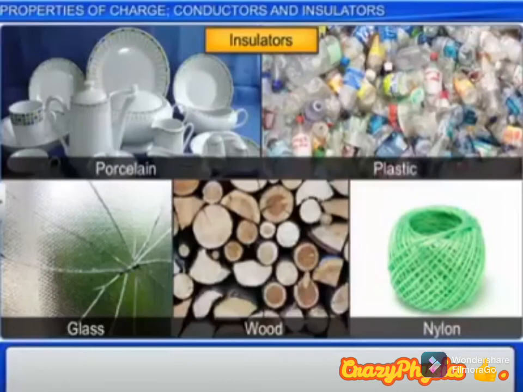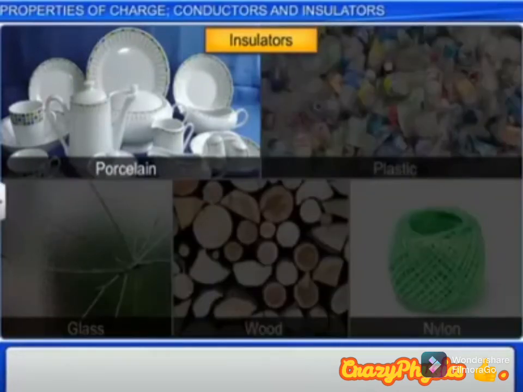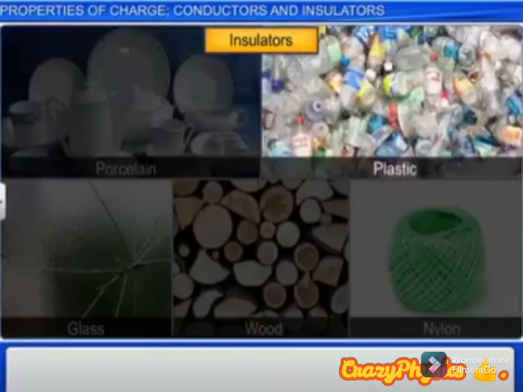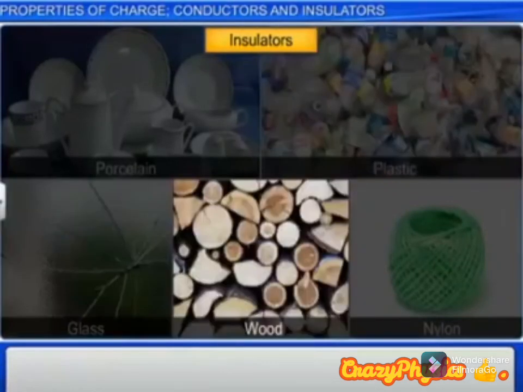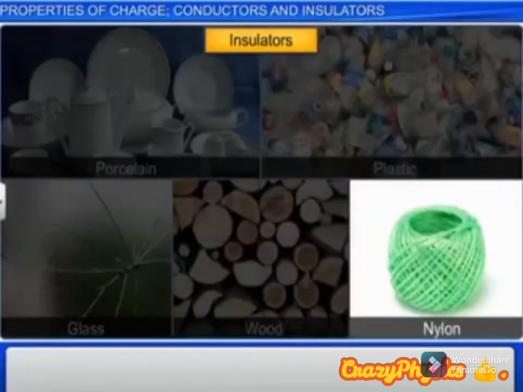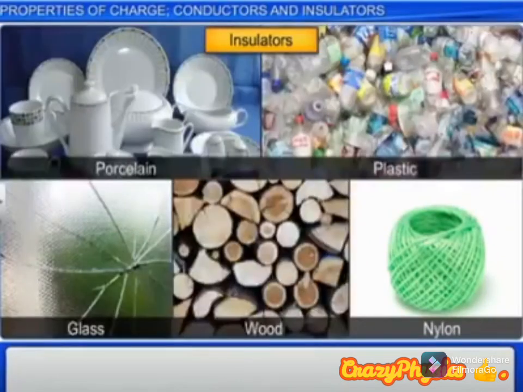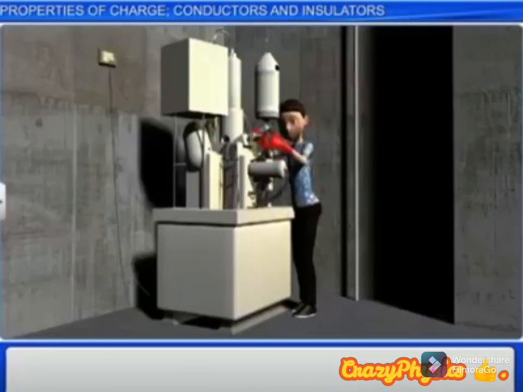Non-metals such as porcelain, plastic, glass, wood, and nylon are some of the best insulators. It is advisable to wear rubber footwear or gloves or stand on a wooden platform while handling electrical equipment, since they are insulators, and protect us from the harmful effects of the electric current.